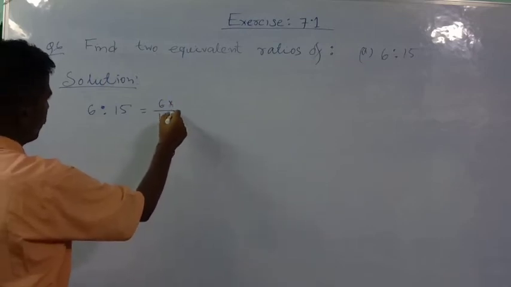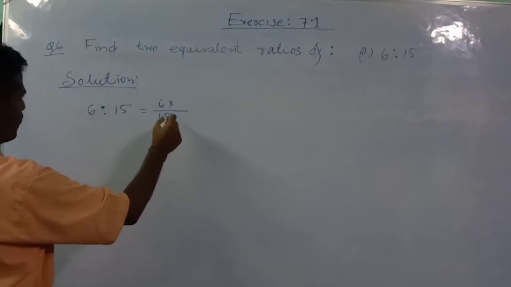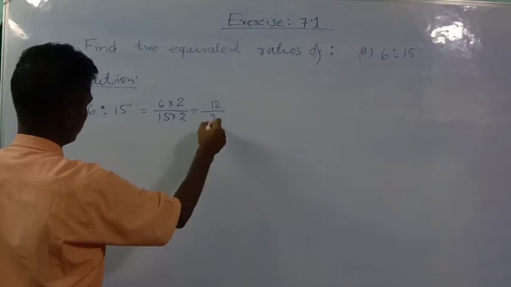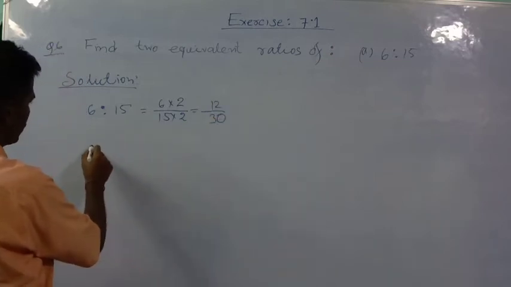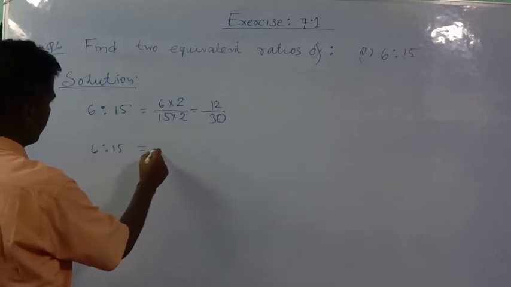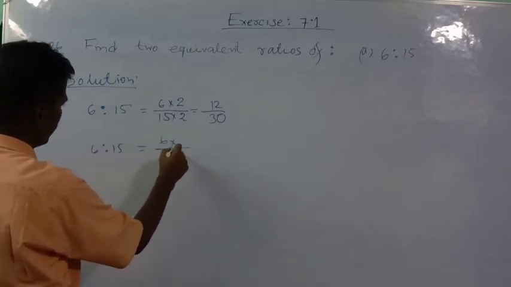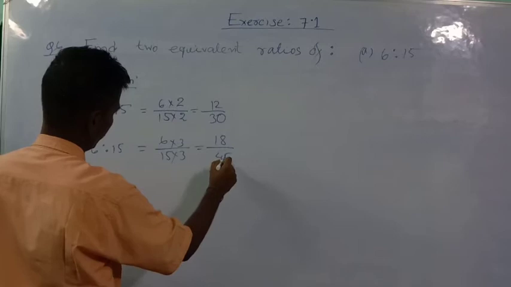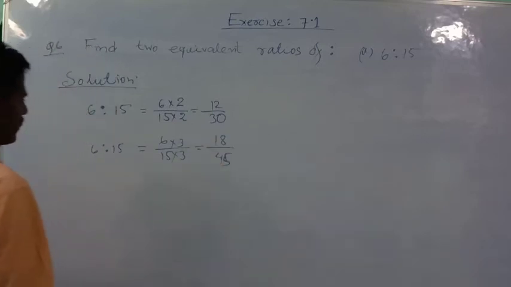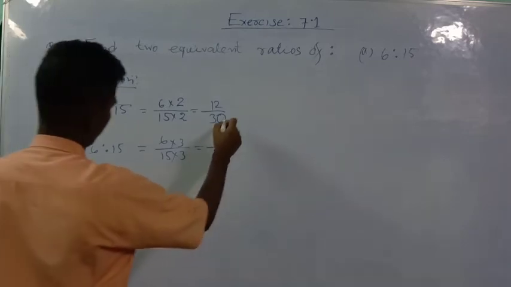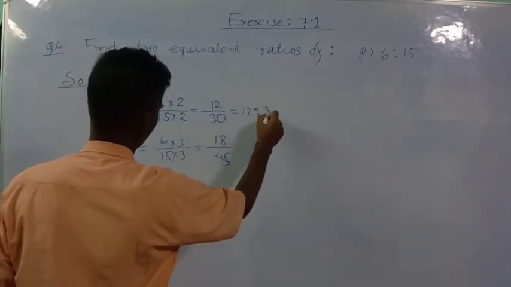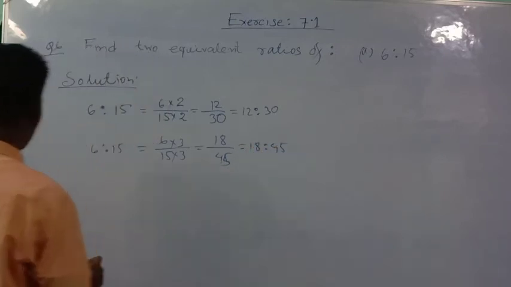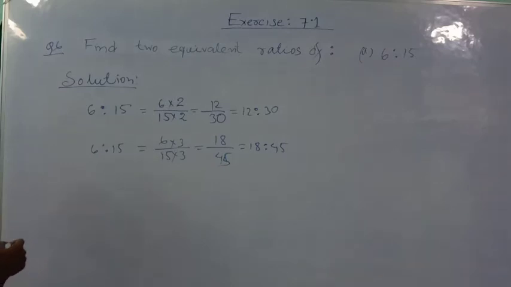If we multiply both the antecedent and consequent by the same number, we'll get an equivalent fraction. So multiplying by 2 we get 12 by 30. Again, 6 by 15, if we multiply by 3, we'll get 18 by 45. So we got 12 is to 30 and 18 is to 45.